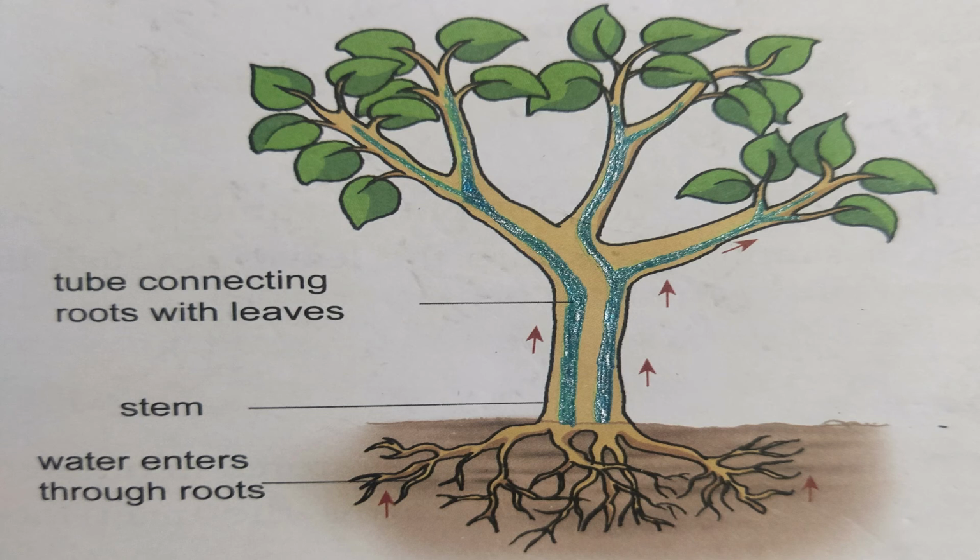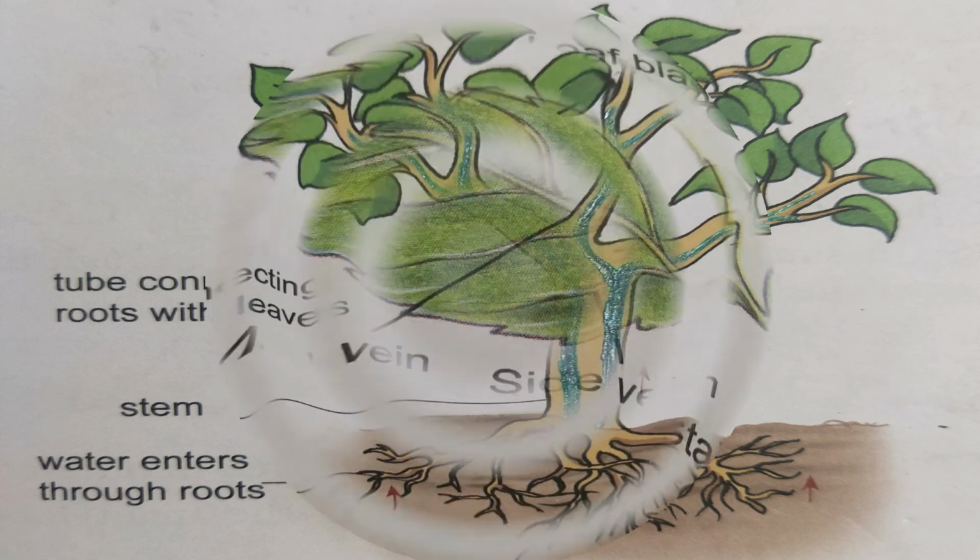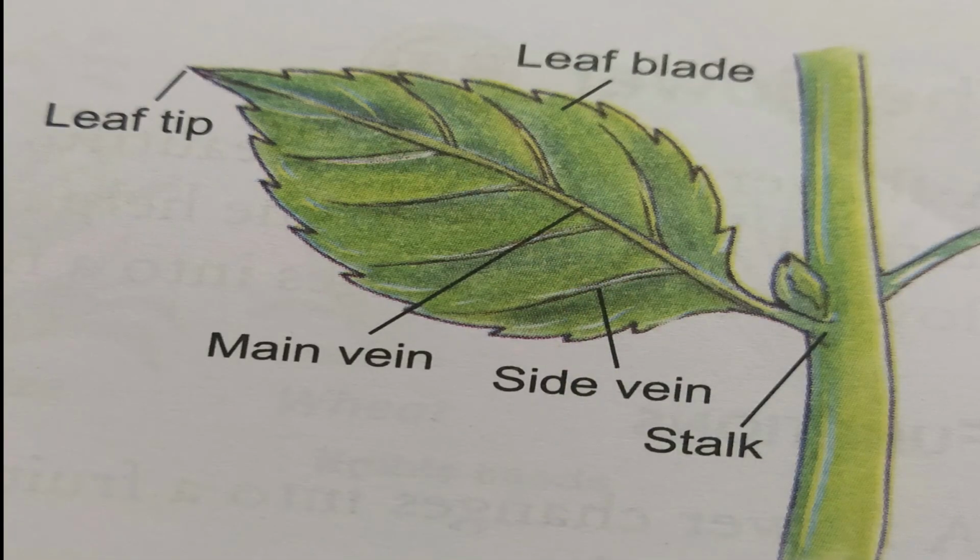Children, in third class, you have learned the parts of the leaf. Do you remember? What are the parts of the leaf? Stalk, leaf blade, leaf tip, main vein and side vein.